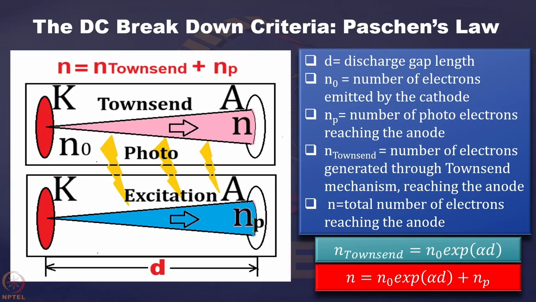For a gap of length d, N Townsend is N0 exponential of alpha d, where alpha is Townsend's first ionization coefficient. So we can write N equals N Townsend plus Np, that is, N equals N0 exponential alpha d plus Np. This is the total number of electrons that will be produced in this discharge configuration.